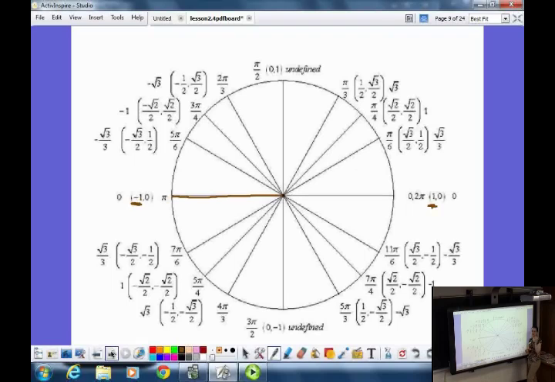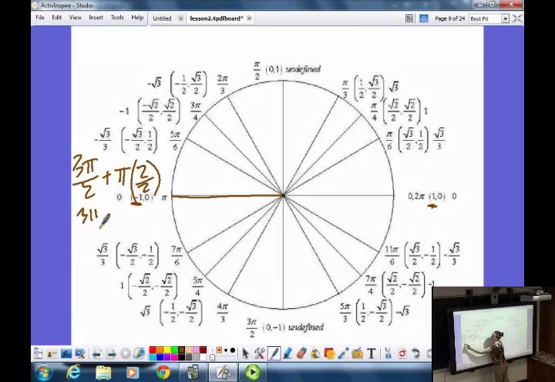And if we kept wrapping, what's another one? What's the distance between pi over 2 and 3 pi over 2? Pi. So if I added pi to 3 pi over 2, what will I land at? 3 pi over 2 plus 2 pi over 2 gives me what angle? 5 pi over 2, right.